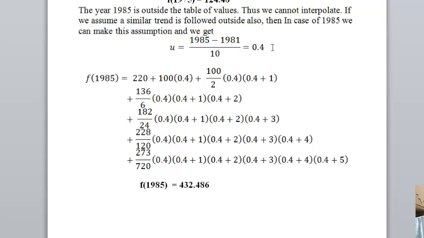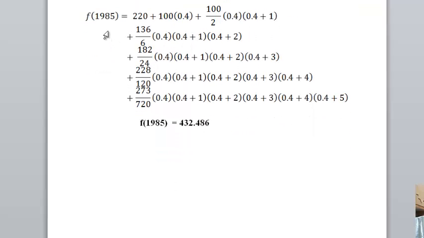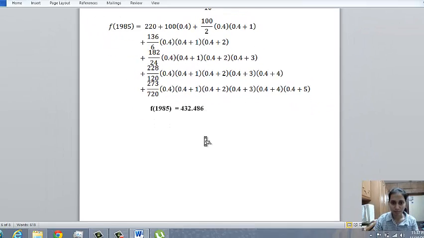Here we will get u positive, which is equal to 0.4. Then we simply substitute the value of u in the backward difference formula, and we get the value of f at 1985, which is 432.486.